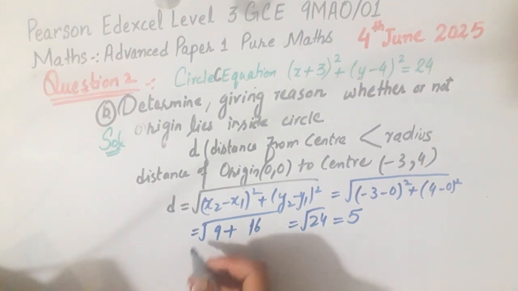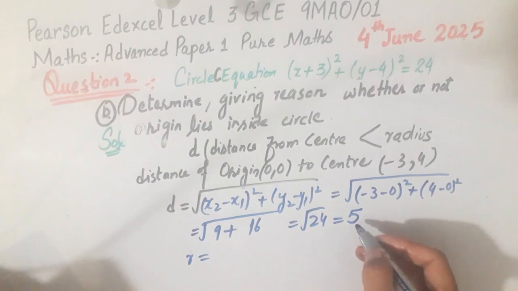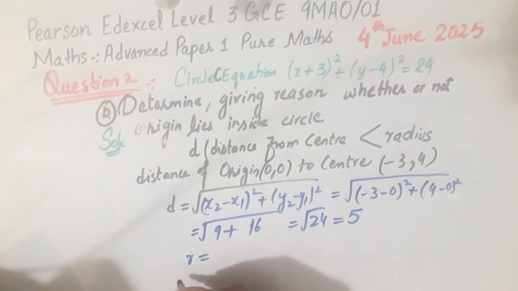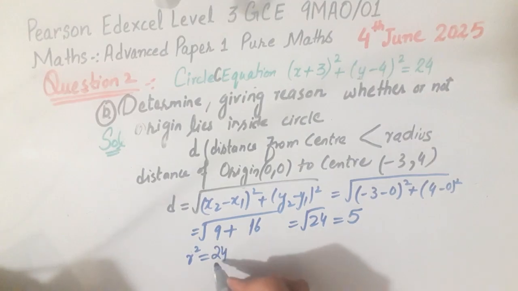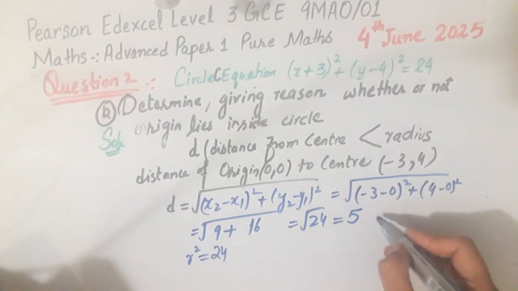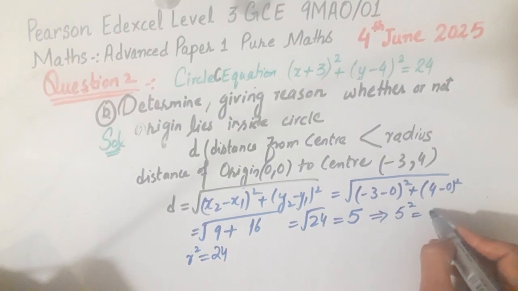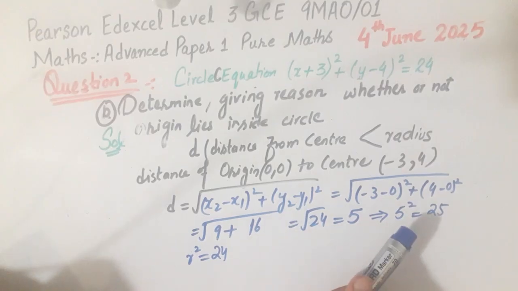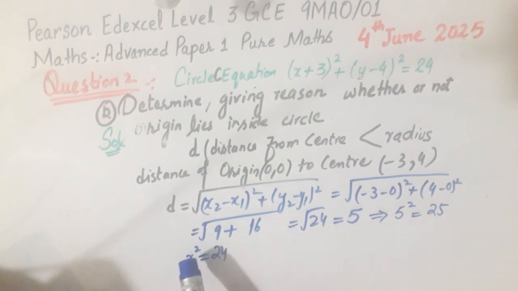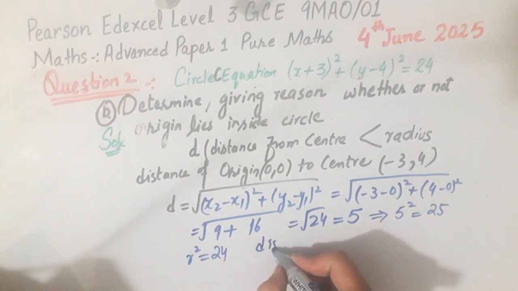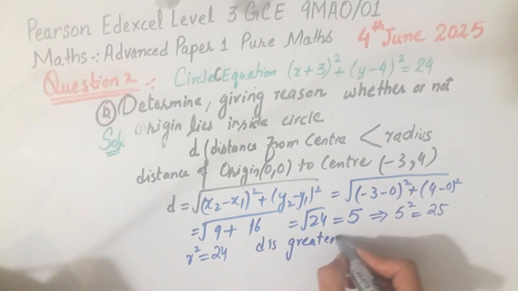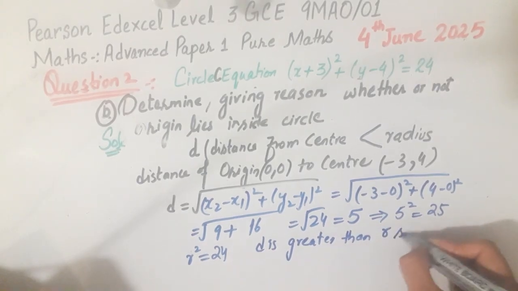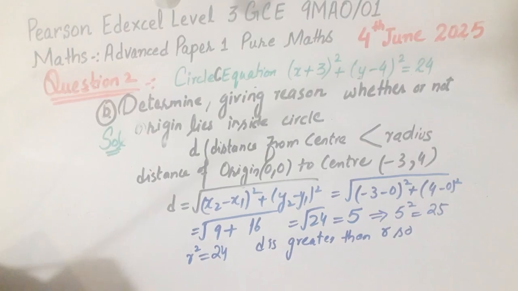But in the previous part we have the radius, where r squared equals 24. Here we get 5 squared, which equals 25. It means this distance is greater than the radius, so the origin lies outside the circle.